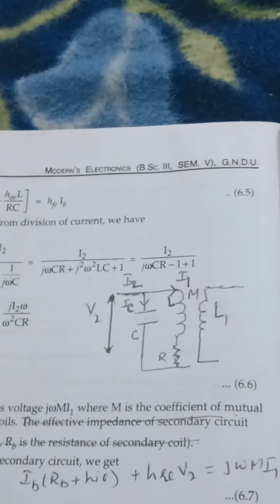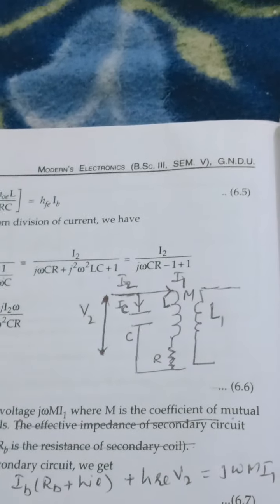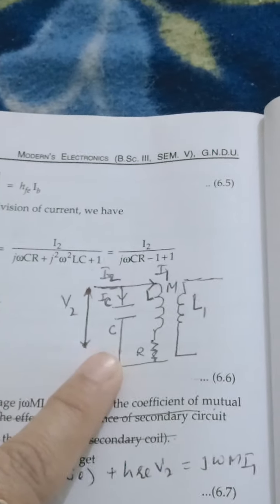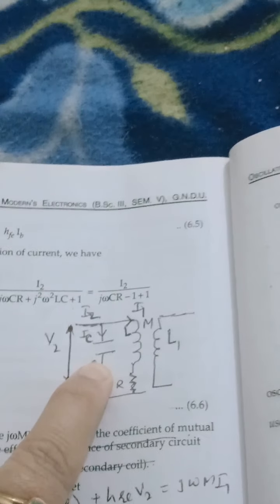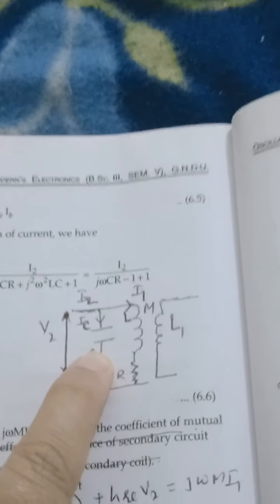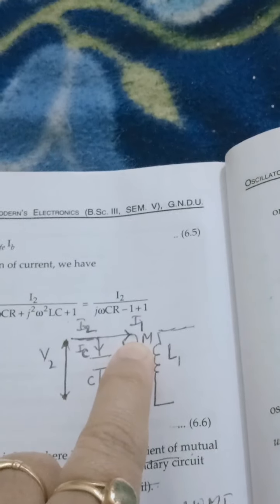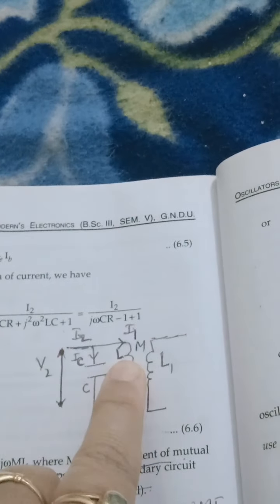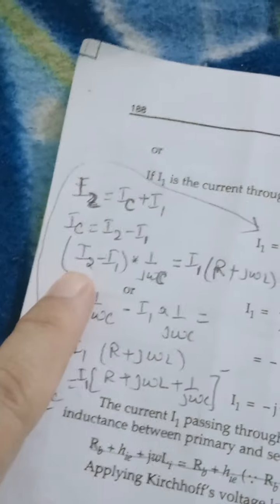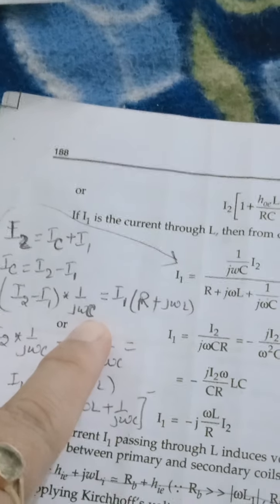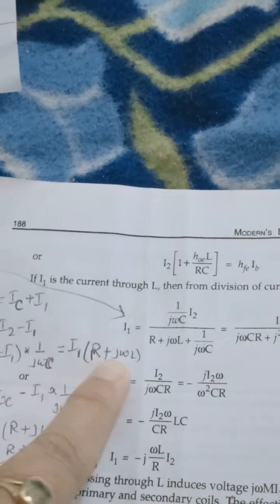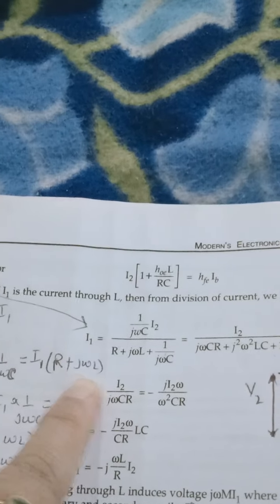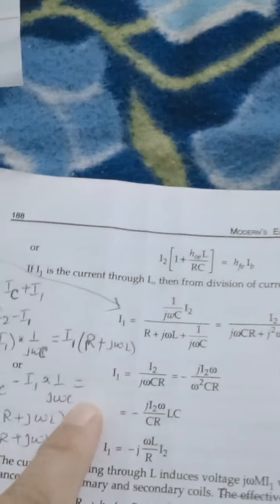So from the division of current, what my division of current says is that the current passing through the capacitor multiplied by its capacitive reactance must be equal to the current passing through this branch, that is the combination of L and R. So this will give me an equation like this, that I2 minus I1 into capacitive reactance is equal to the current passing through the series combination of R and iota omega L.